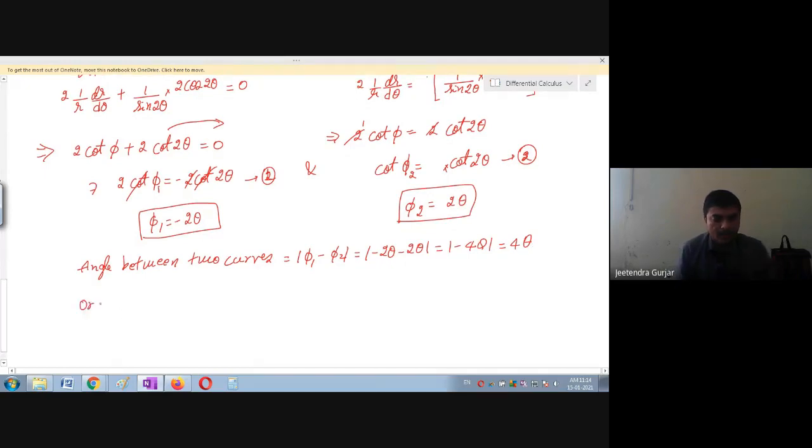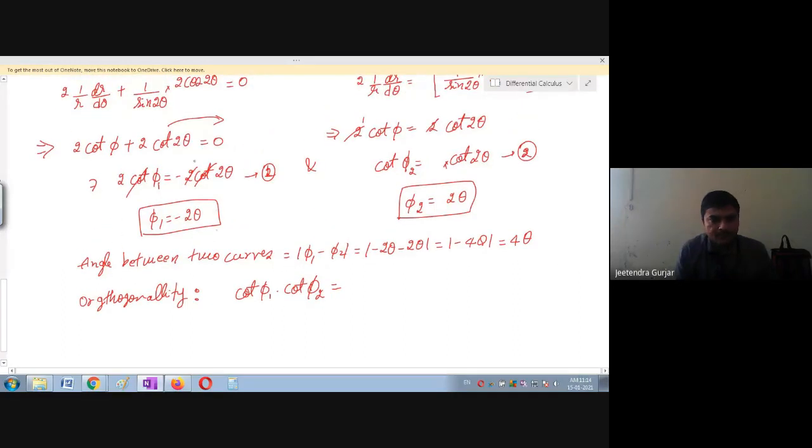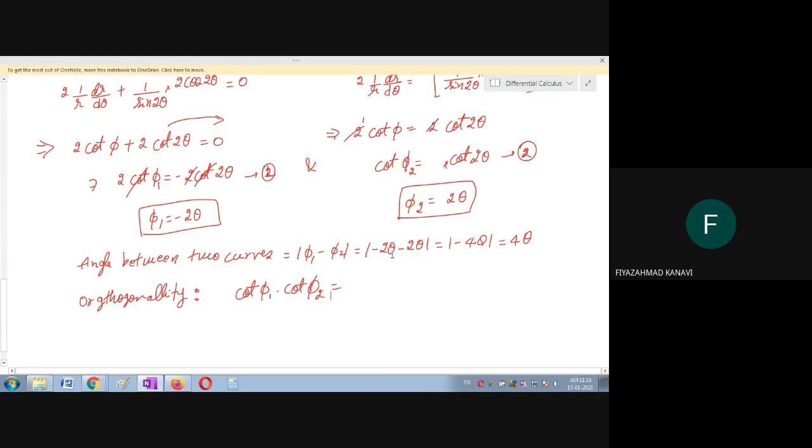Orthogonality. How to find orthogonality, students? It must be cot phi 1 into cot phi 2 equal to minus 1. Sir, where is that 32 cot 2 theta?